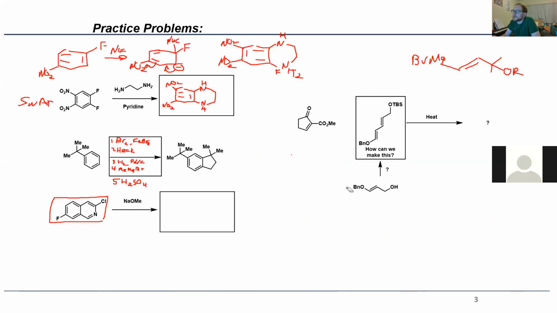Okay, does anyone have an idea of how we could make this piece from this allylic alcohol? Cross coupling might be okay, but I was thinking of other reactions we learned.